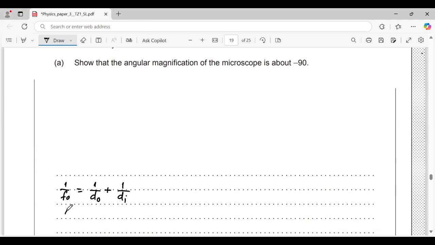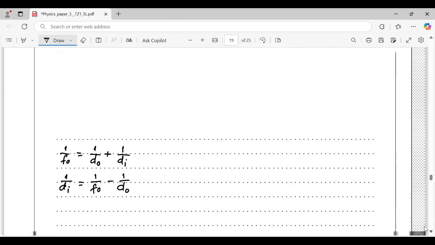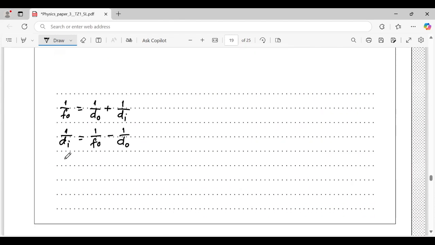If we solve for the image distance, the formula becomes 1 over f objective minus 1 over the object distance, equal to 1 over the image distance. So 1 over 0.82 minus 1 over 0.91.